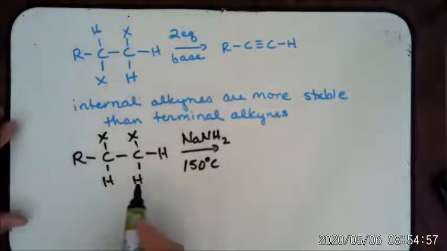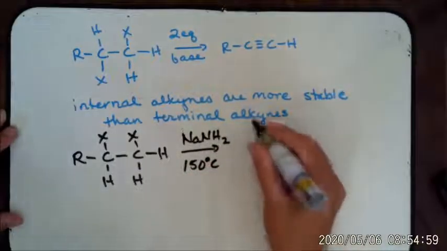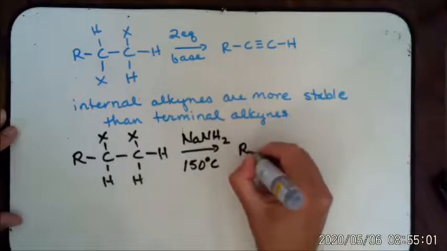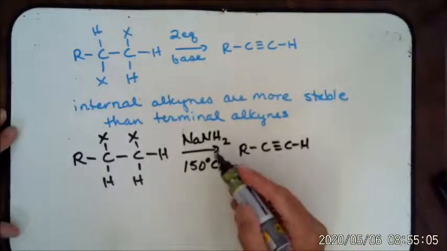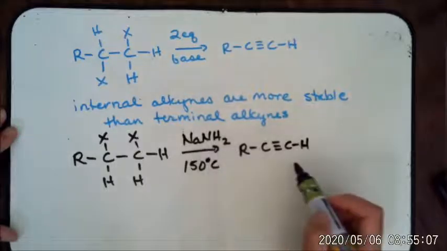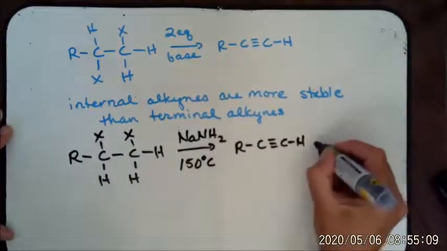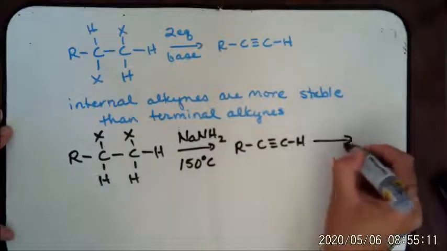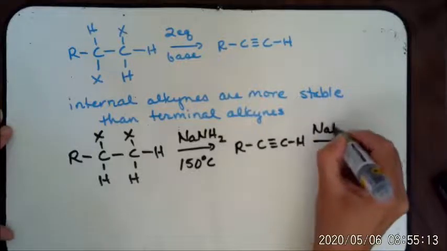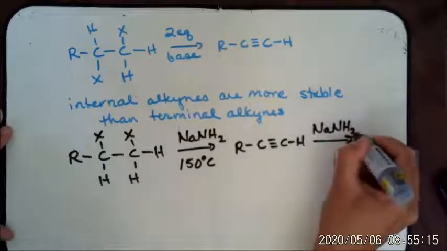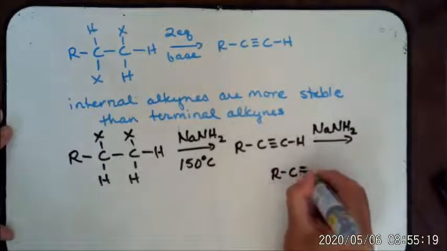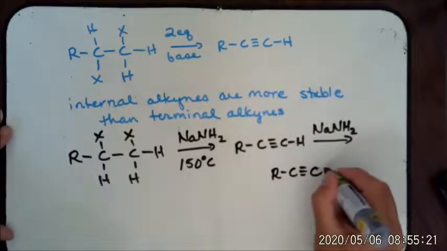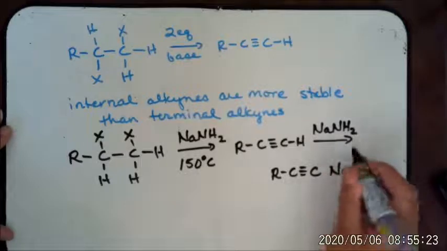Why is that? Once you do your elimination, you form, like we mentioned up here, your terminal alkyne. But remember, this is a strong base compared to my terminal alkyne. So it reacts with a third equivalent of sodium iodide, and you form your salt.